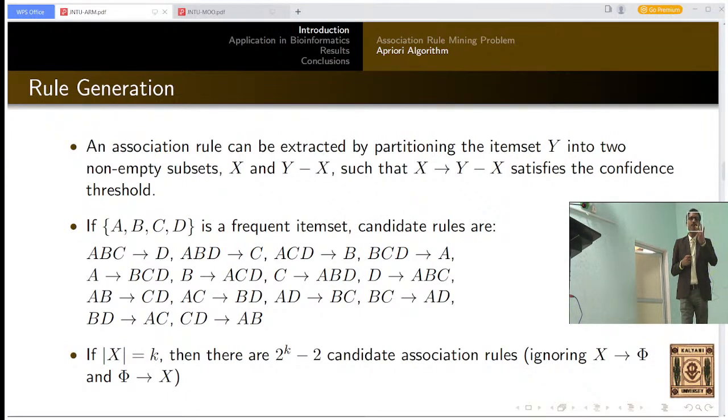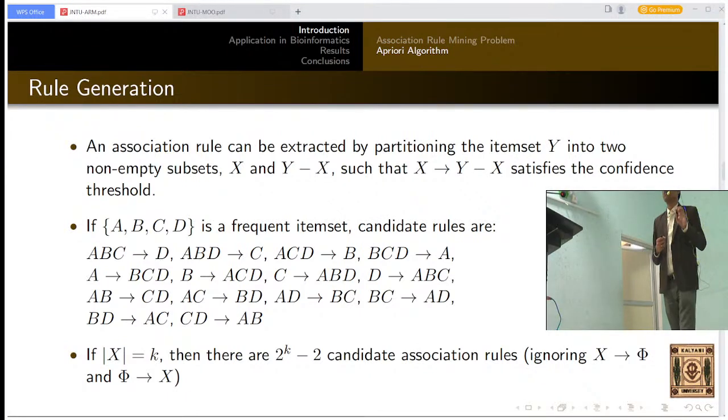So if you have a k item set, how many rules are possible? Every time you have a proper subset, you have a rule, right? Because the proper subset will be put on one side and the remaining part on the other side. So how many proper subsets are there for a set of size k?